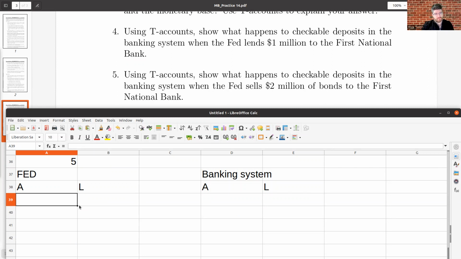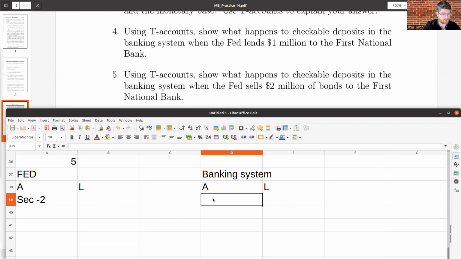For this type of question, we sell 2 million of bonds. So instead of providing a loan, we conduct an open market operation, which involves selling. If the Fed sells securities, the Fed has some securities, and these securities go down by 2, and they should be shown here as securities plus 2.